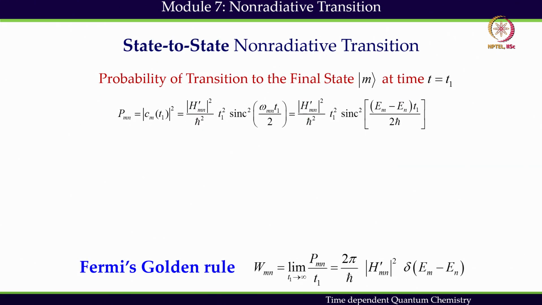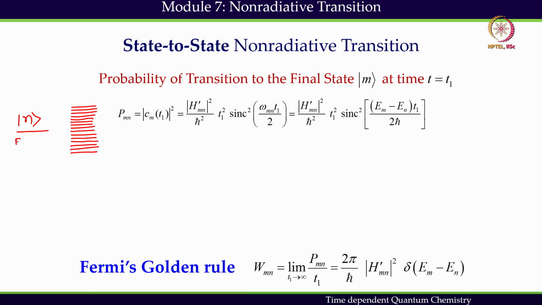So, what we have noticed is that the transition from initial state n may occur towards all possible final states whose energy Em is located in this energy bandwidth. So, I have this n state, and then I may have many other states as final states, but only those states which are within this bandwidth.